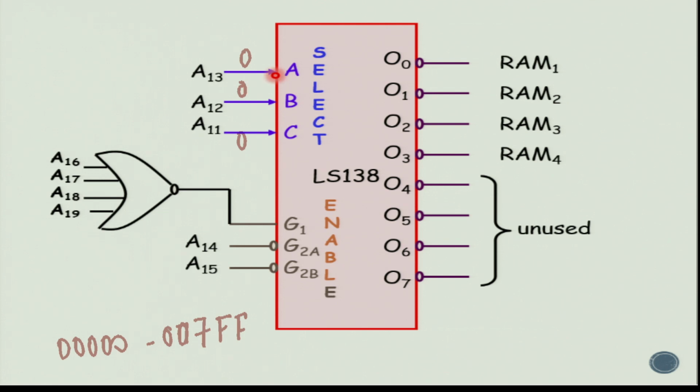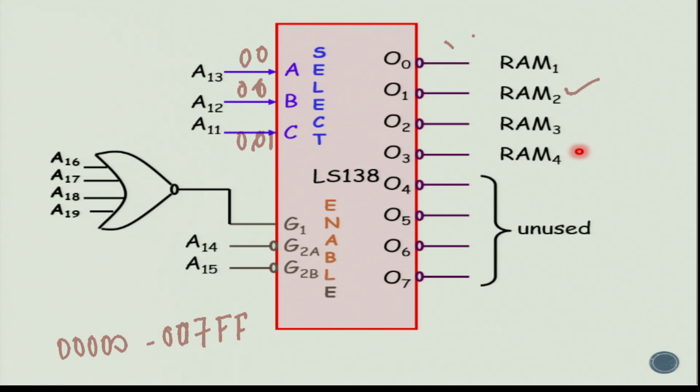So when A, B and C are all low, RAM 1 is going to be selected. If it is 0, 0, 1, RAM 2 is going to be selected. If it is 0, 1, 0, RAM 3 is going to be selected. If it is 0, 1, 1, RAM 4 is going to be selected.